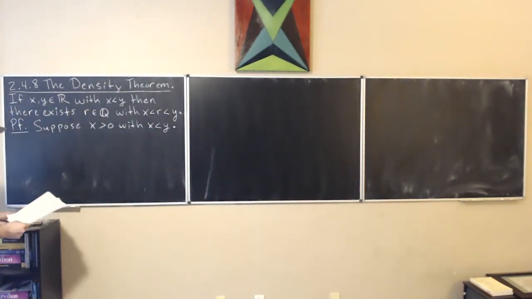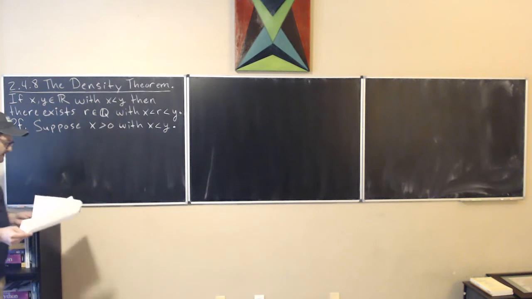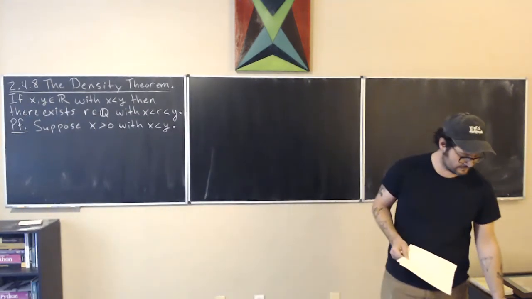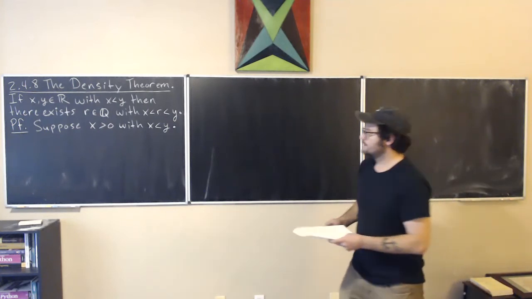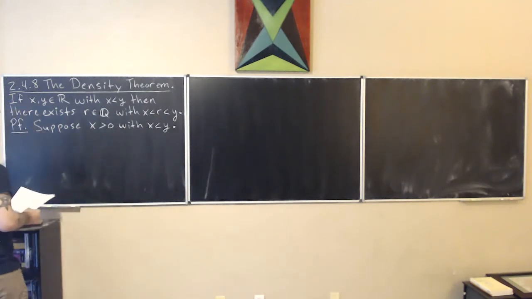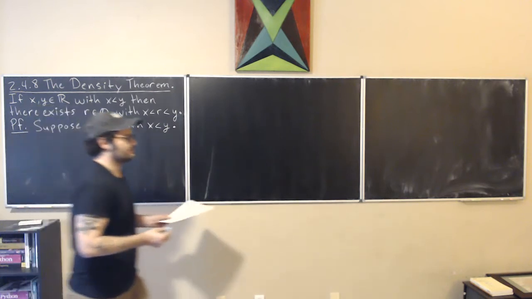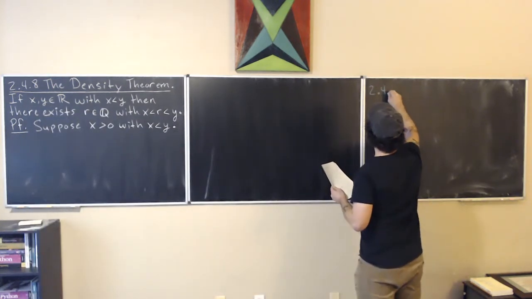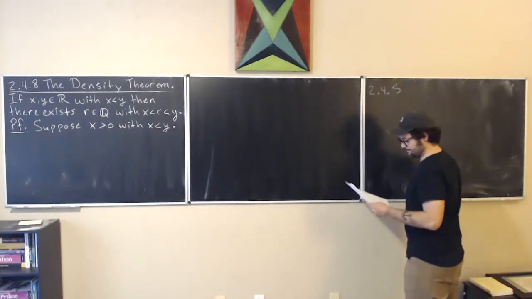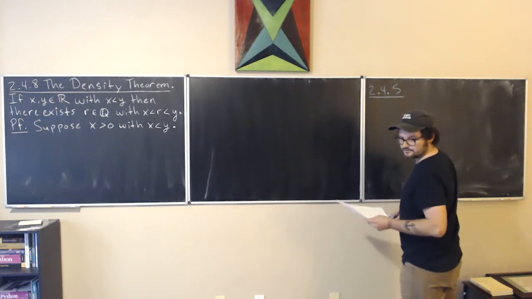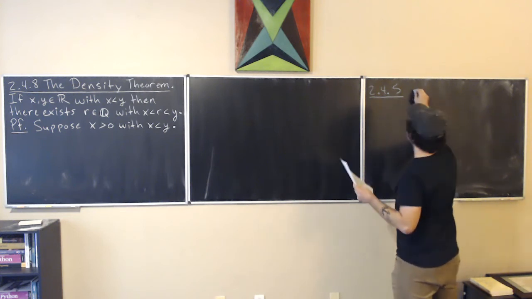So if you look at your notes and you look to 2.4.5, maybe I should write that down somewhere, just so you can recall. 2.4.5. Hopefully you can read that blue. So what does it say?